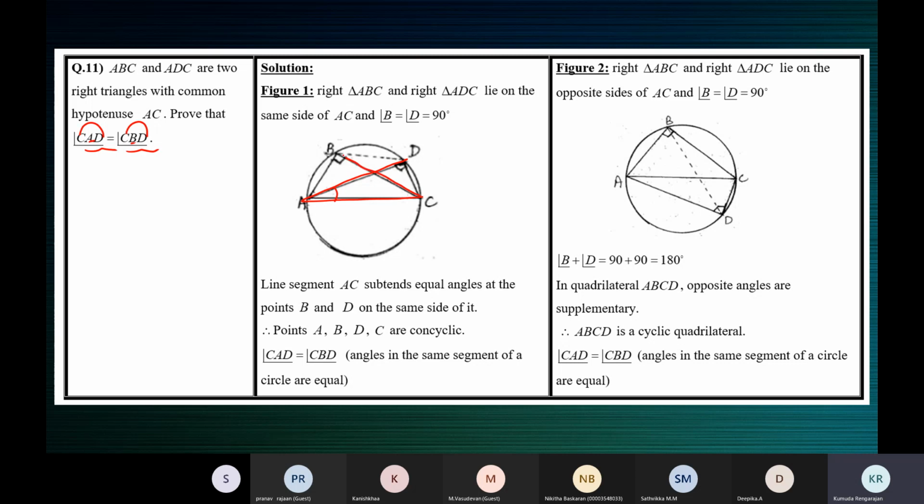CBD, since this is not connected, we join BD. So CAD is equal to CBD. Yes, true, because angles in the same segment of a circle are equal. There are two angles made by the same arc CD, CAD and CBD, at the points A and B on the circumference. So we proved that CAD is equal to CBD.